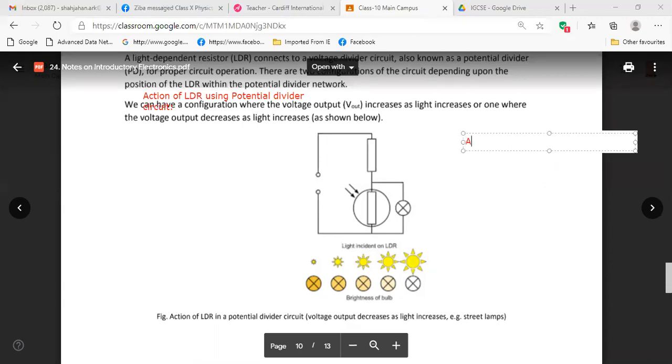At night time, due to less light, resistance of LDR.